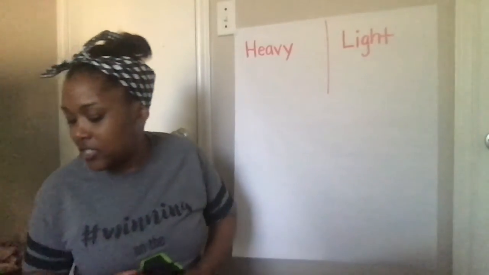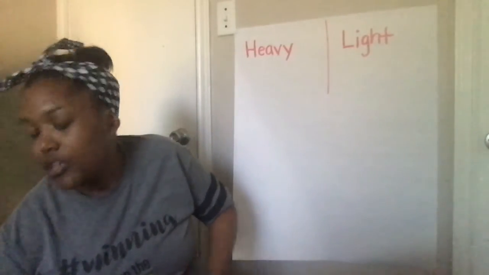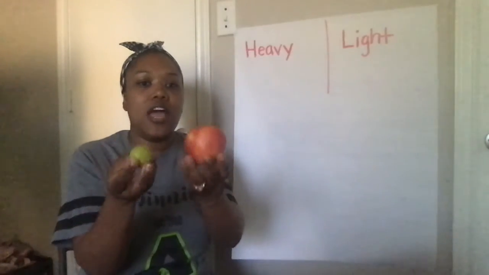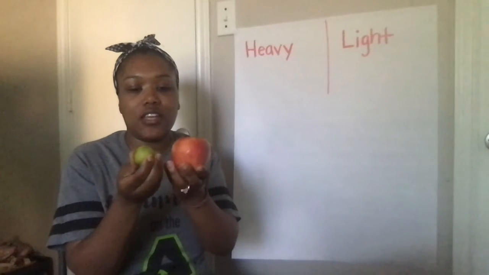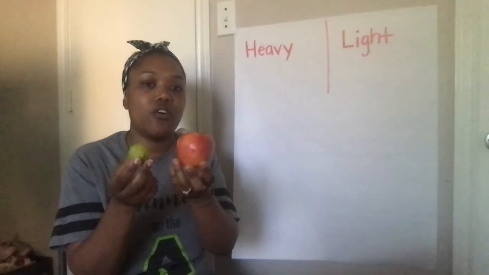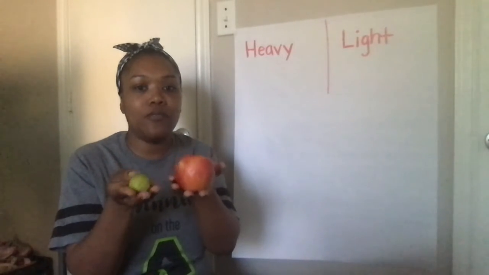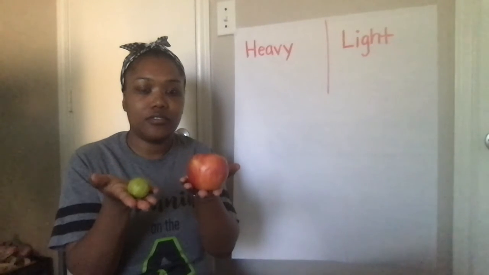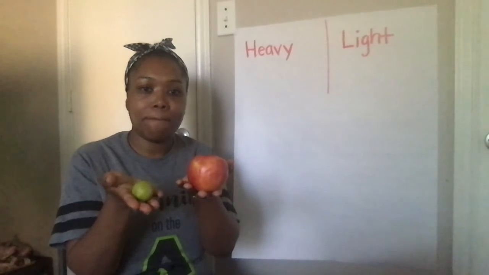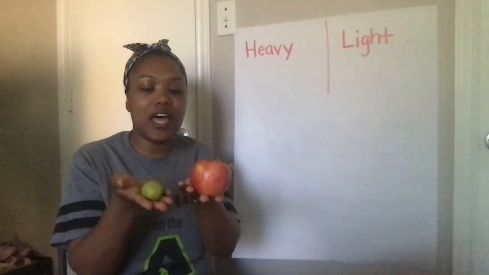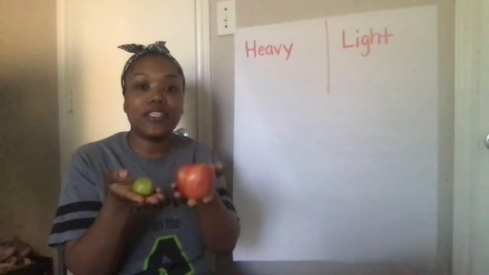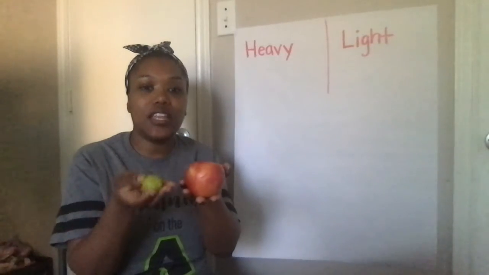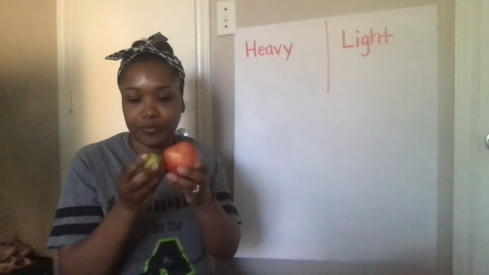All right, first let's do our apple and our lime. Do you think the lime is heavier or lighter than the apple in weight? Very good. The lime is a little lighter than the apple. The apple is heavier than the lime, okay?